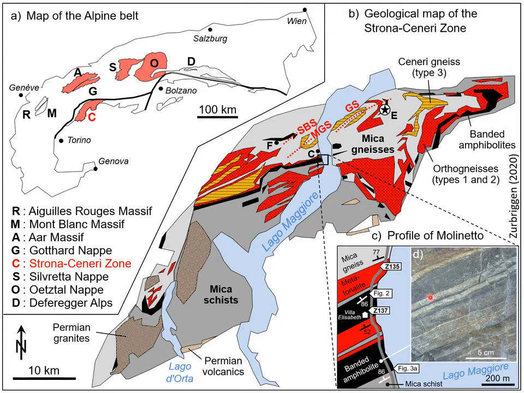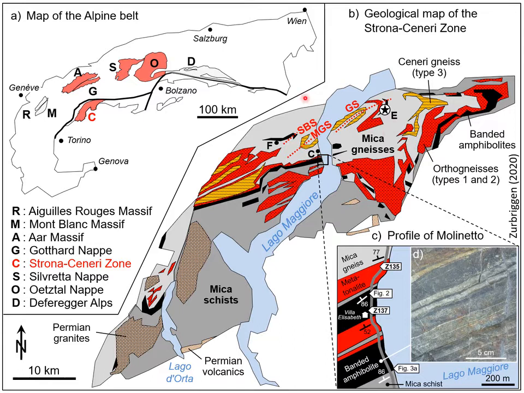This is a photograph of a larger hand specimen, which is taken from a banded amphibolite formation in the middle of the Strona-Ceneri zone, which is located here with respect to the Insubric line, and here is the Western Alpine orogen, which starts here at Genova in Italy, goes through Switzerland and continues to Vienna in Austria.